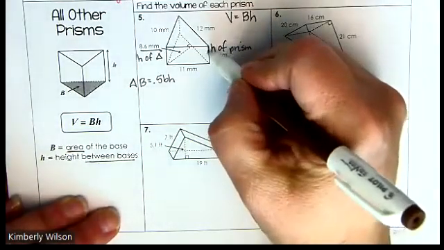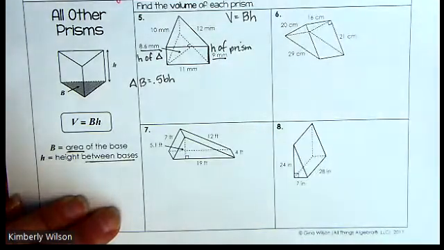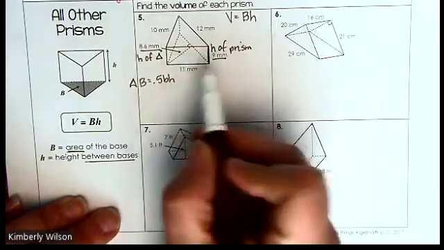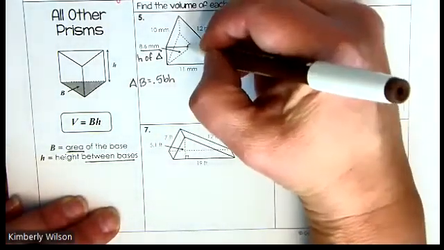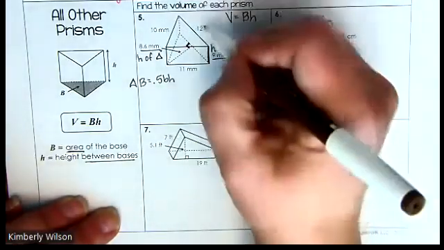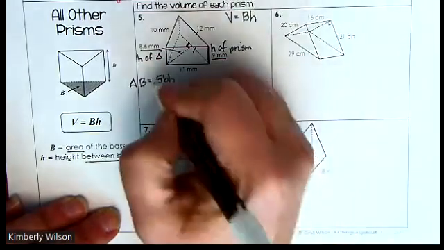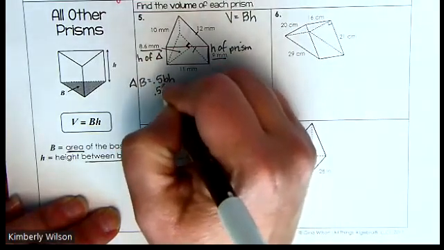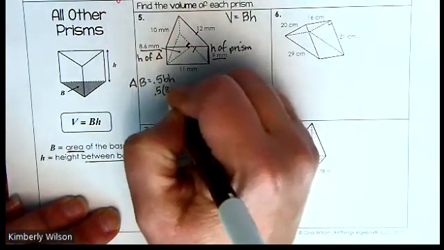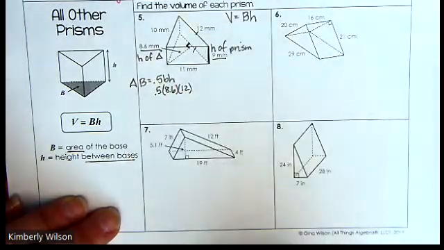Because this is the distance between the two bases. Okay, so that's the height of the triangle. What's the base of the triangle? Well, remember, it makes the right angle between the height and the base. So therefore, if this is 12, then this is going to be 12. So I'm going to have 0.5 times 8.6 times 12.